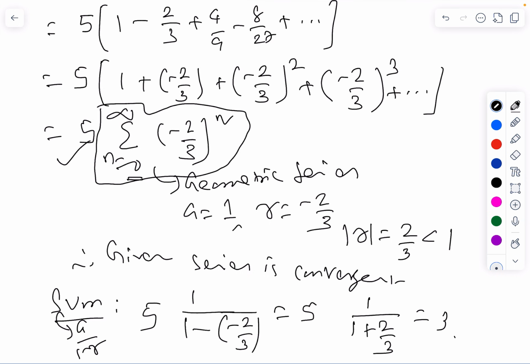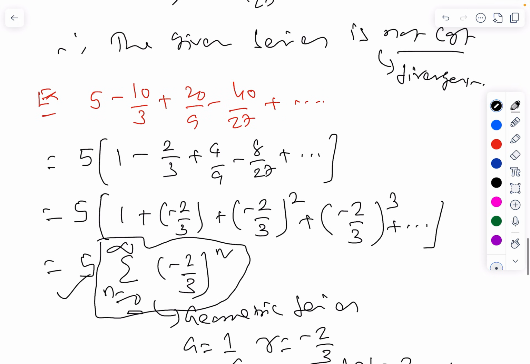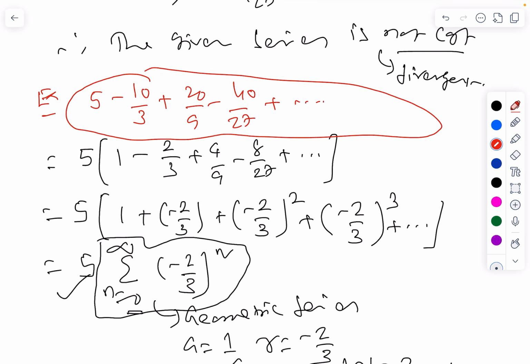So now you can see that even these kind of terms, plus minus, that also has the exact sum, and that is nothing but 3, which is not possible to find by other means. Okay, so that is the main importance.